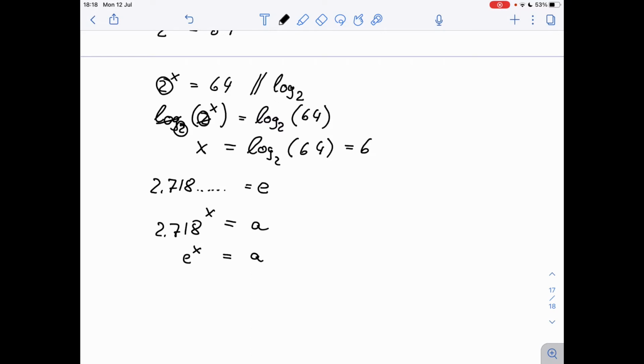And if we just want to find x, what we need to do, like we've done here in this case, is the inverse mathematical operation.